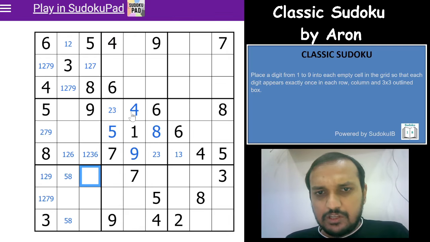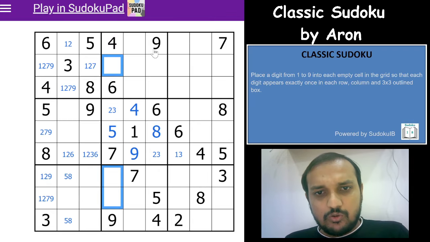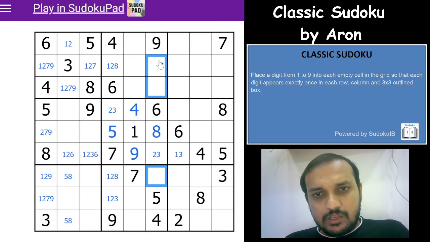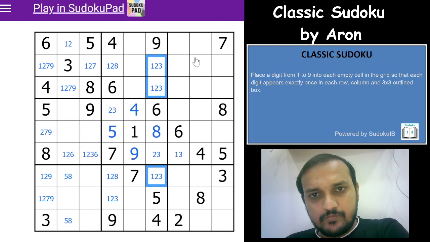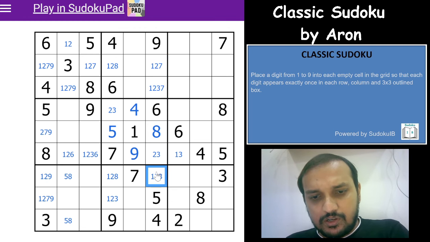I'm just writing all the candidates where I have 5 or more given digits in a particular row, column, or box, right? So it's 1, 2, 3 and 8, 1, 2 and 8, 1, 2, 8, 1, 2 and 3. I have something here, 1, 2, 3 and 7. This cell cannot be a 3, this cell cannot be 7 and 3.